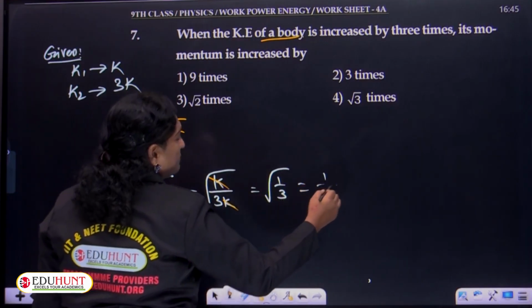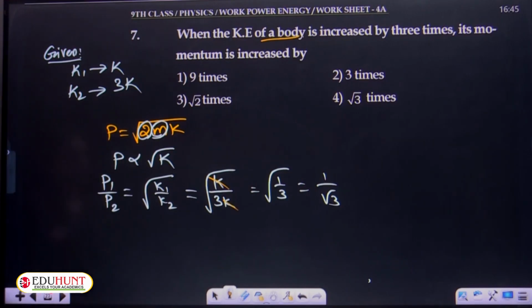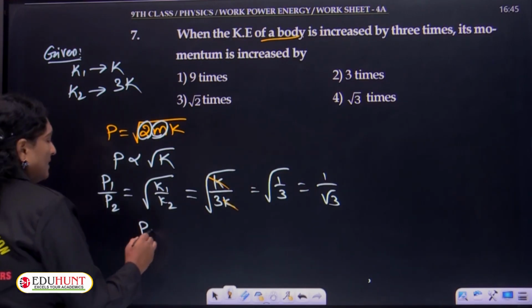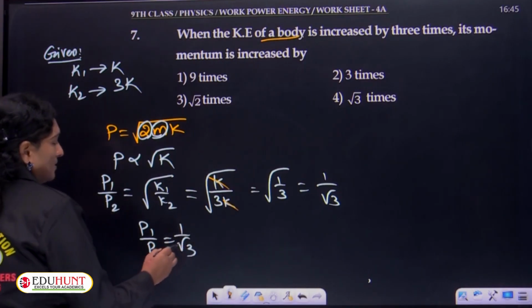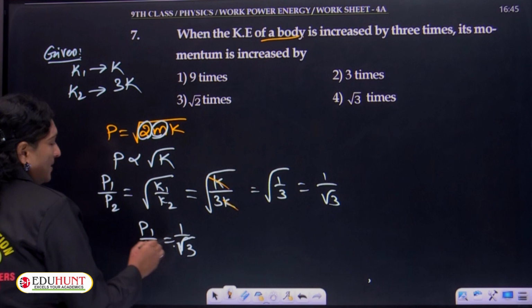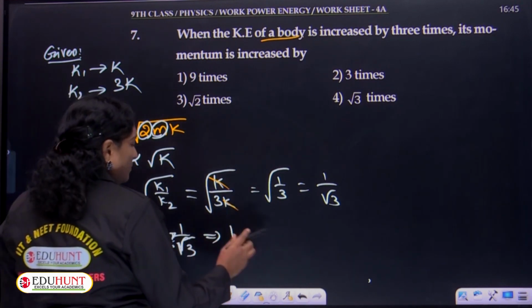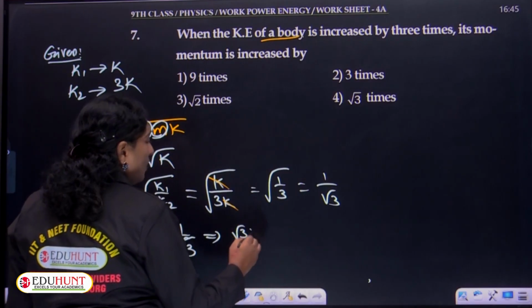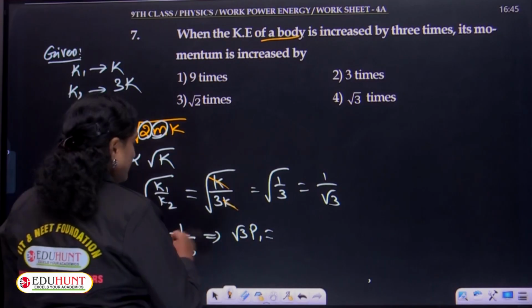It can also be written as 1 by root 3. Root 1 is 1 and root over 3 is root 3. So very clearly P1 upon P2 is equal to 1 by root 3. Cross multiplying, root 3 times P1 is equal to P2.